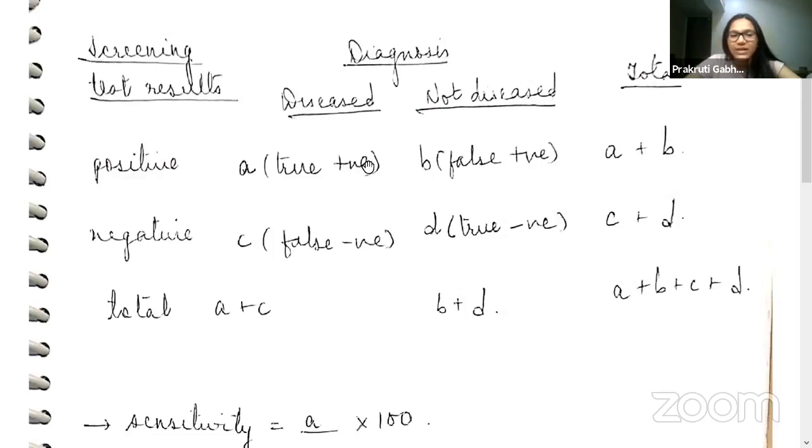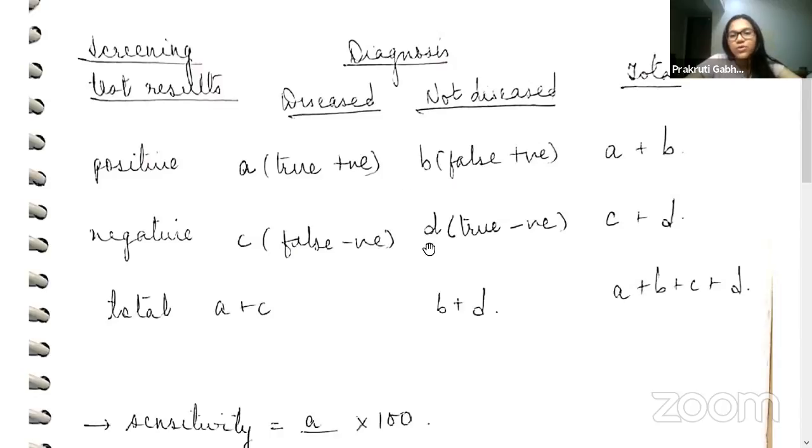The predictive value of a positive test has to be A, the number of true positives, upon A plus B, which is all those who tested positive. Suppose 100 of them tested positive, out of which 80 have diabetes. It means that the predictive value of a positive test is 80%.